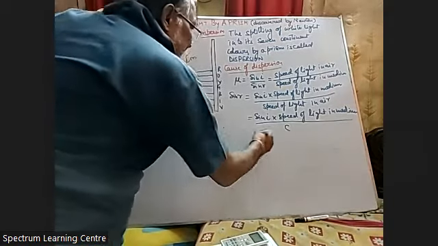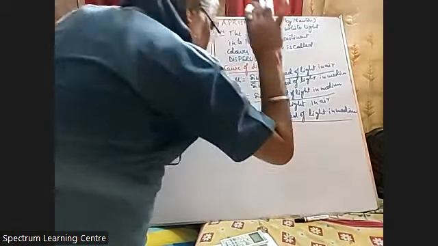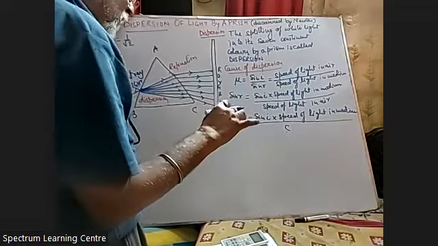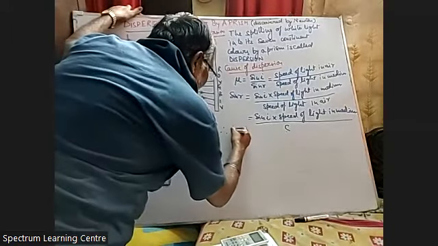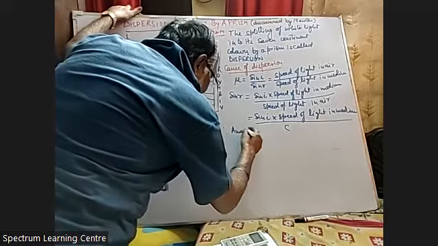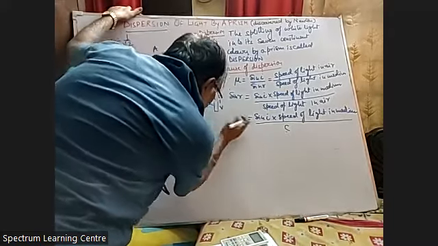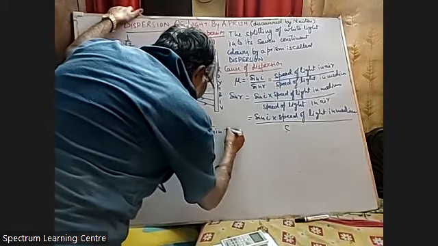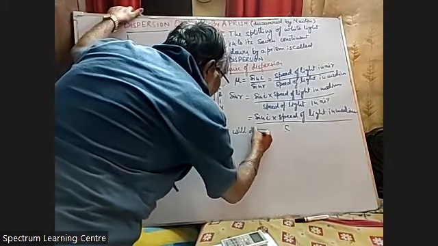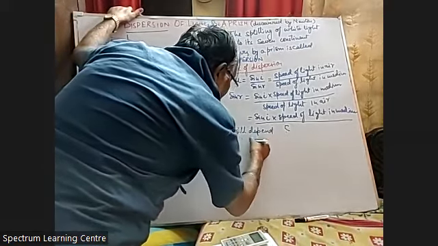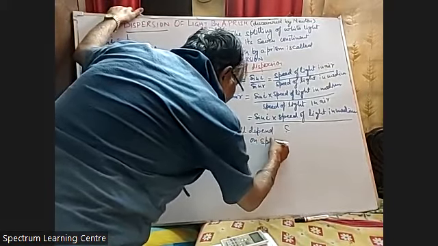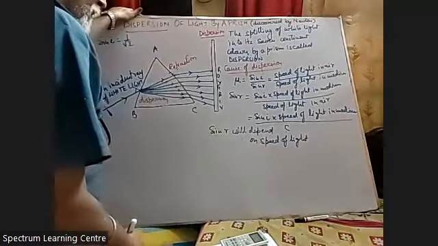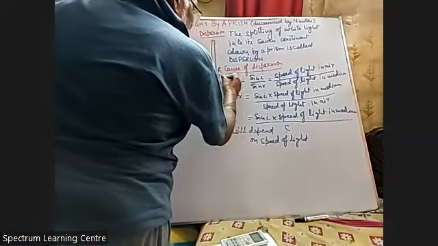Therefore, what will happen? C constant, sin I constant. If I is constant, sin I will be constant or not. Yes, sir. That means angle of refraction, or you can say sin R, will depend on speed of light. See, this is point number 1.